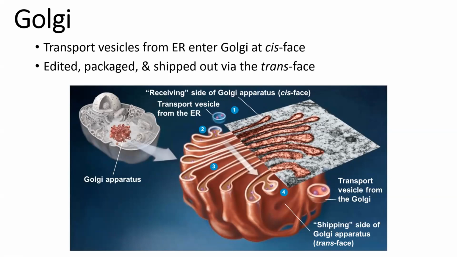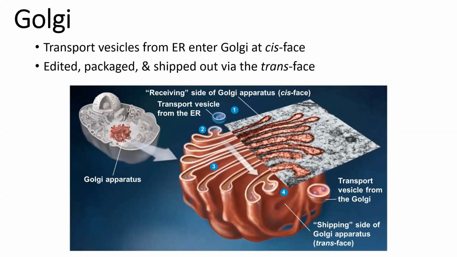I think of the Golgi complex like an Amazon distribution center. You order something, it comes in, they package it, get it ready, and that's going to be on the cis face. Then on the trans face, you have the truck standing by to deliver the packages to your front door.